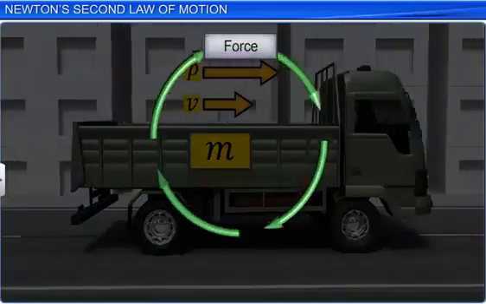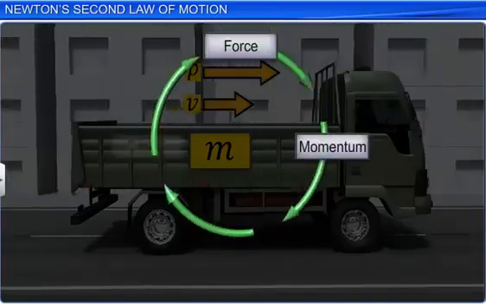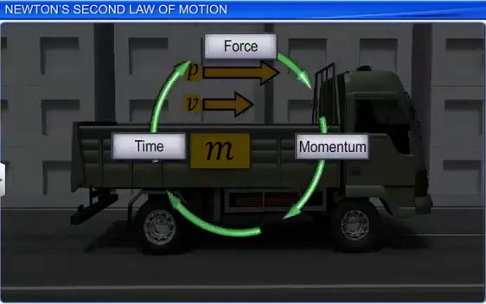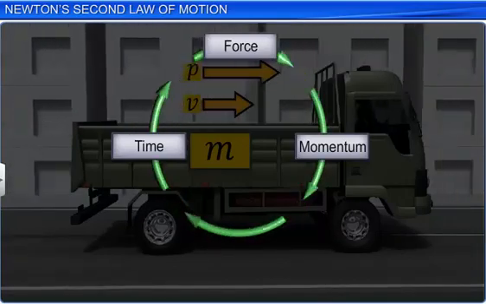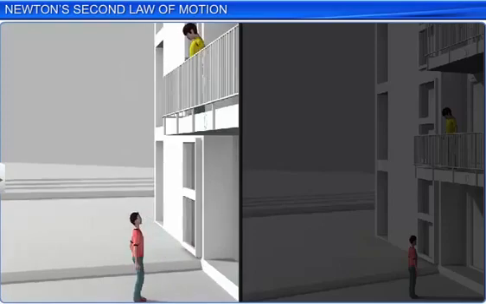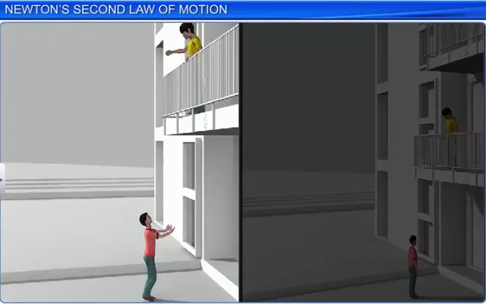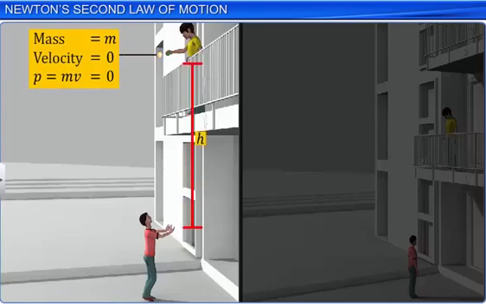Force, momentum and time are interrelated. Let us check some scenarios to illustrate this. A boy standing in a first-floor balcony drops a ball of mass m from a certain height h.